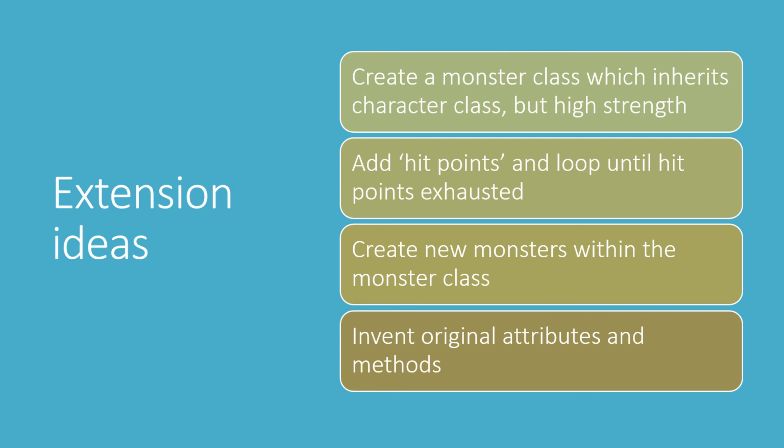They lose a point if they lose a battle, and you could loop until one or the other characters loses all their hit points, at which point they lose the whole game. You could create new types of monsters within the monster class that you've defined. For instance, I don't know, dragons or sea monsters. And you can add new attributes and methods for new types of combat and new aspects of the game.